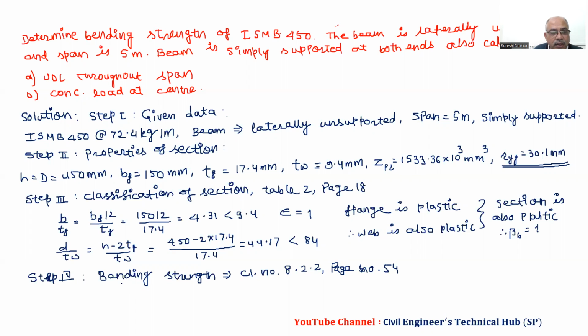From this clause, we have the formula MD is equal to beta B ZPZ into FBD. Now we have beta B already as 1, we know ZPZ, and we have to find FBD.